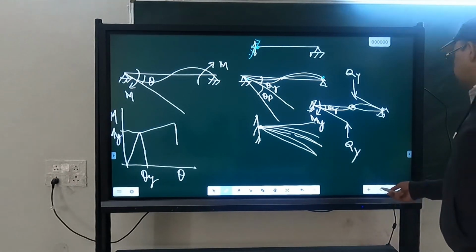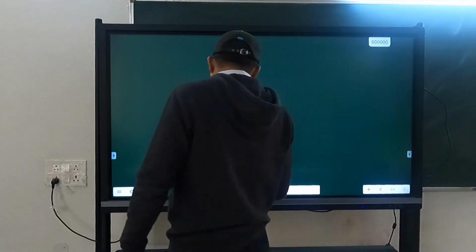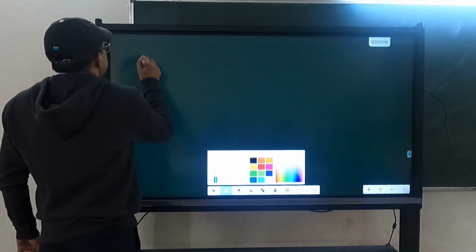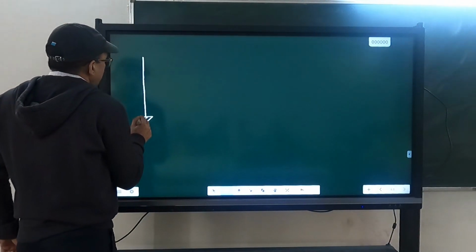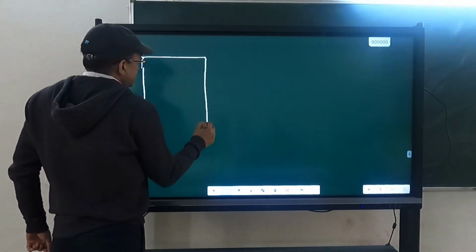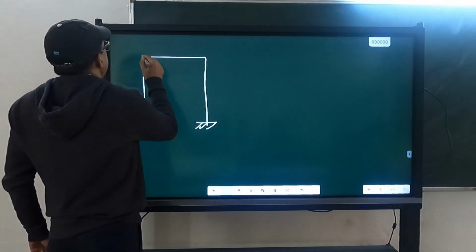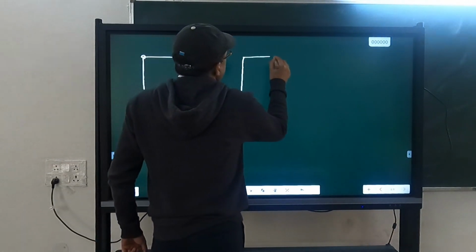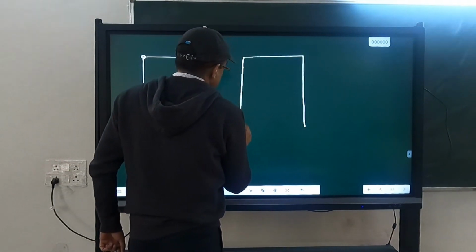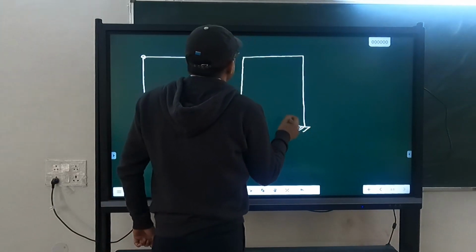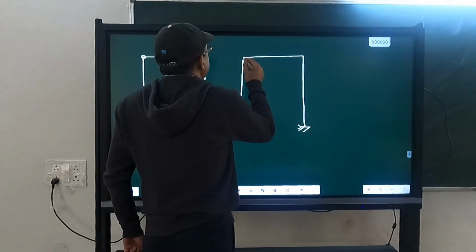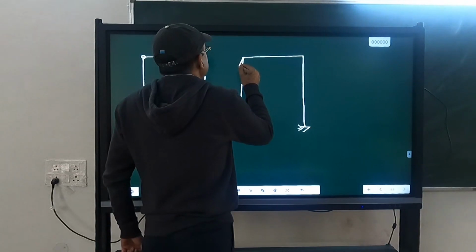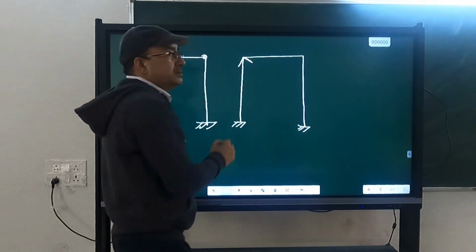So, for example, in case of a frame, we have considered two cases. In one case, we have considered these fixed. In another case, we have considered these as fixed or rigid. So what is happening? If the column is rotating like this, the beam also has to rotate like this.